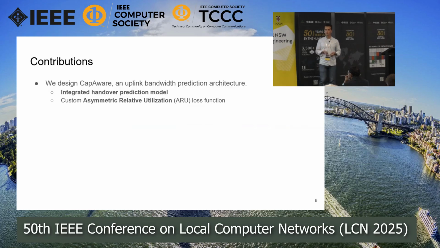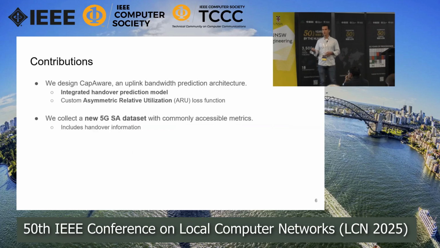Let's go to the contributions of our paper. First, we designed CapAware. It's an uplink bandwidth prediction architecture with an integrated handover prediction model as well as our custom loss function. We call our custom loss function an asymmetric relative utilization loss function, which I will go into in detail in the next slides. We collect a new 5G standalone dataset with commonly accessible metrics.